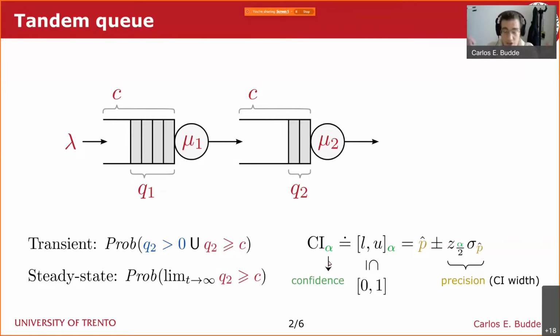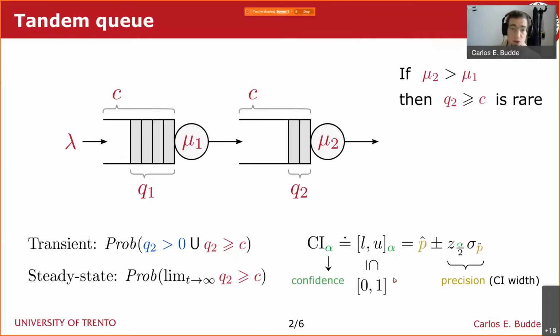You want high confidence, so a high chance of containing the right value. And this interval that you are going to provide has a certain width. It's a probabilistic interval for these properties, so it's between 0 and 1. So you want it to be as narrow as possible, because otherwise I will always give you the interval 0, 1, and that always contains the true value. That is not very informative, okay?